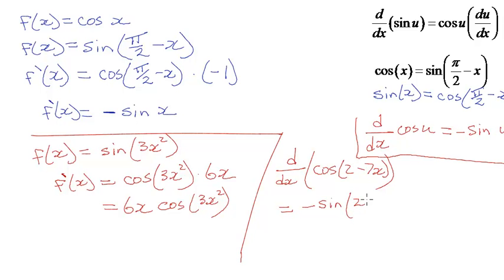Argument stays the same. Multiplied by the derivative of the part in brackets. So the derivative of 2 is 0. The derivative of minus 7x is minus 7. So our answer, negative times negative is positive, so 7 sine of 2 minus 7x.